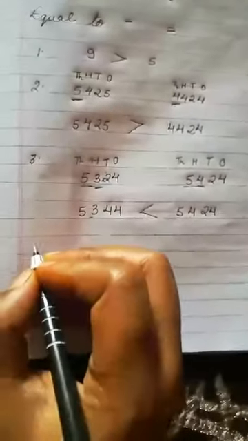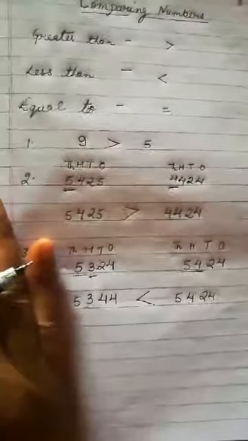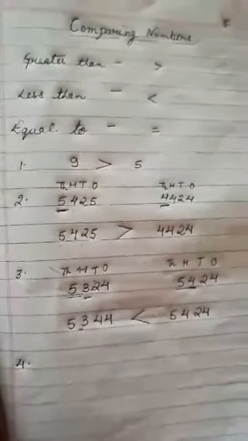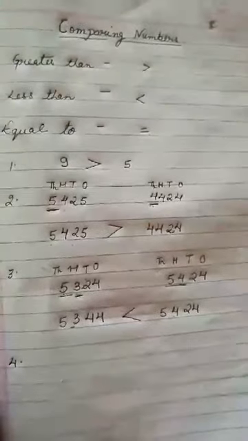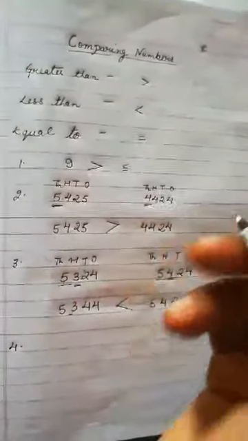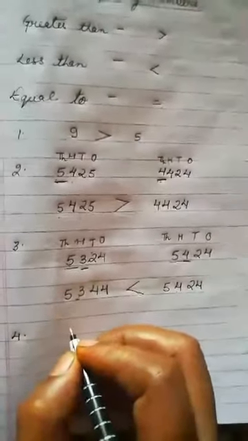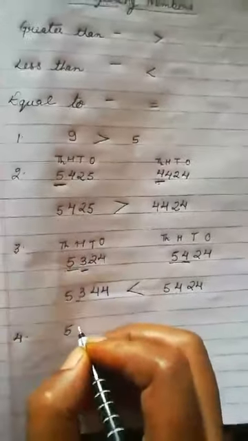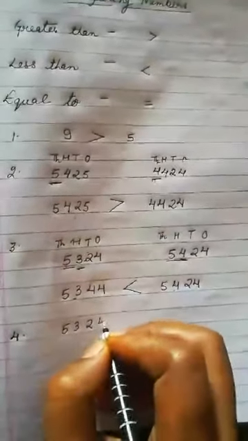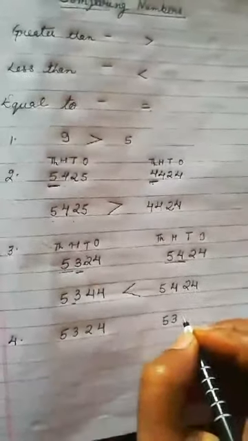Now rule number 4. After that we will compare the value of the digits at the tens place. Now we have to compare the tens place digits of both numbers after the hundreds place. Like 5324 and 5314.